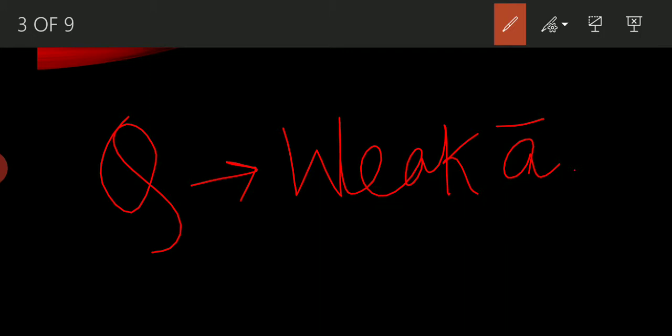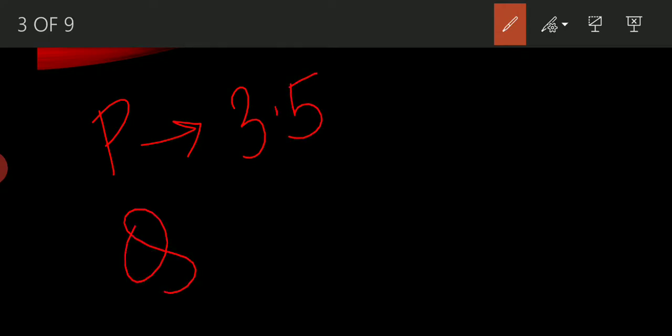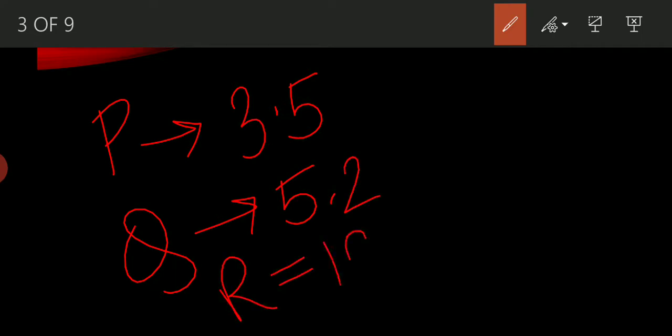Clear? Now, next one. Next is strong alkali. Again, P is 3.5, Q is 5.2, R is 12.2.